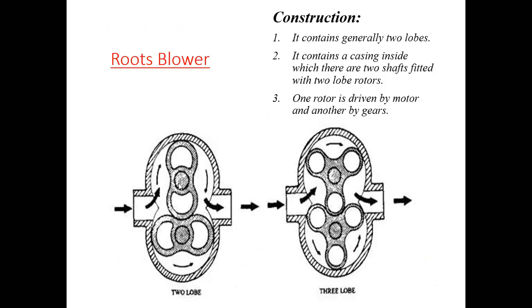So there will be 2 lobes and one casing. These 2 lobes will be inside a casing, and there will be a suction side from this side and a discharge from this side.